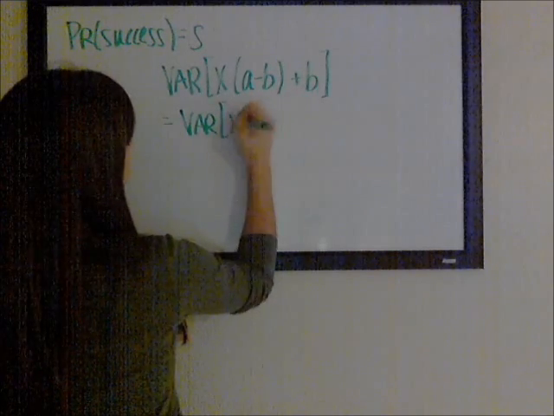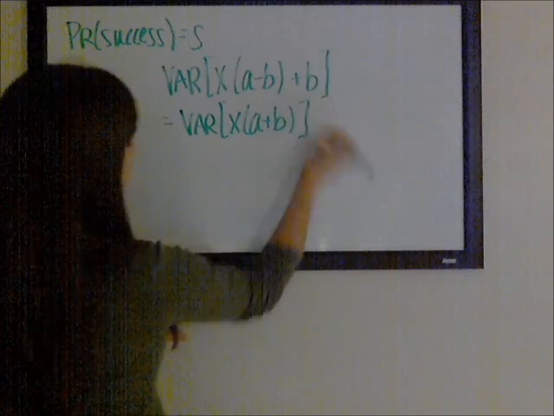So this is the variance of x times (A minus B).